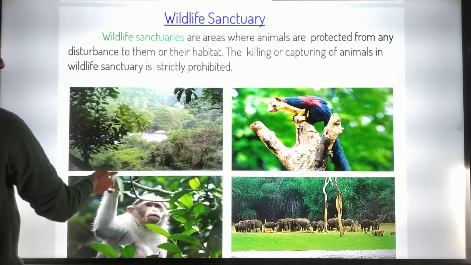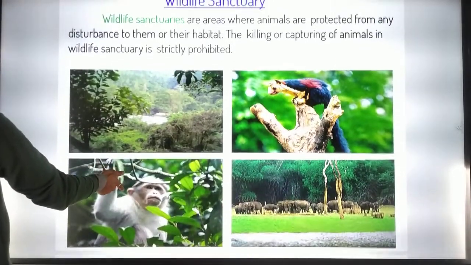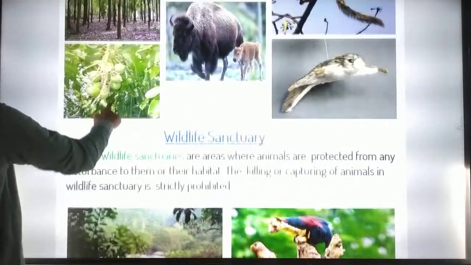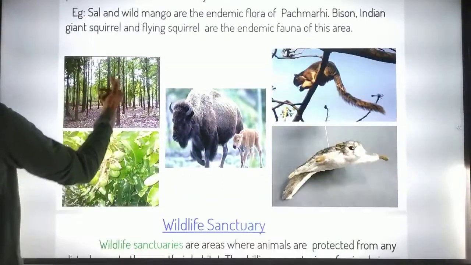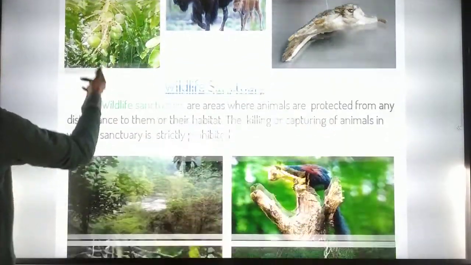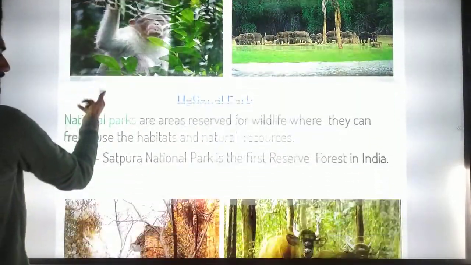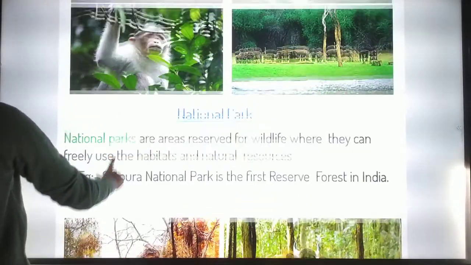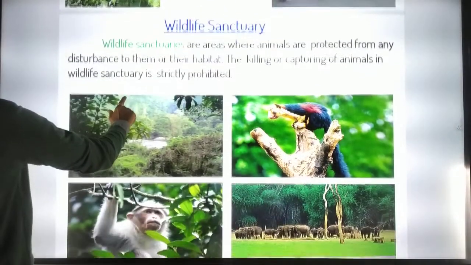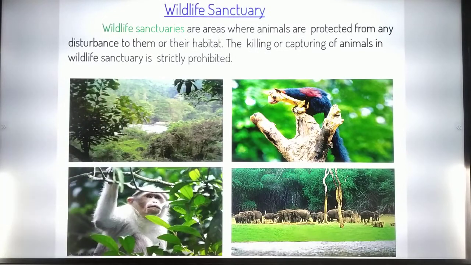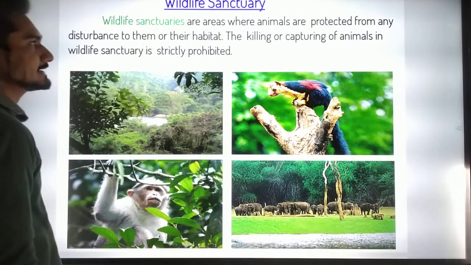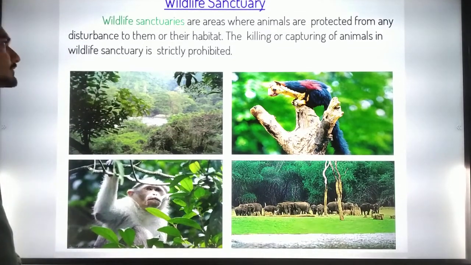Now this is the wildlife sanctuaries. After endemic species, we are going to study endangered species. So what is a wildlife sanctuary? Wildlife sanctuaries are the areas where animals are protected from any disturbance to them or their habitat.